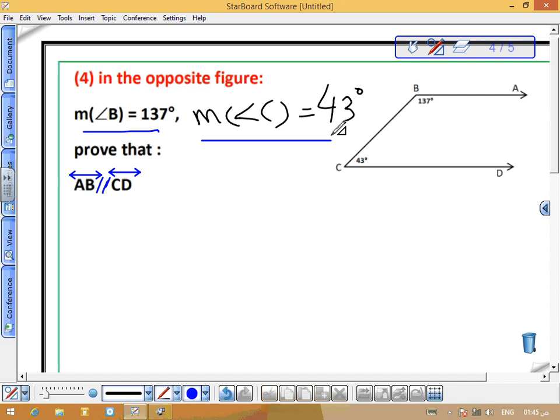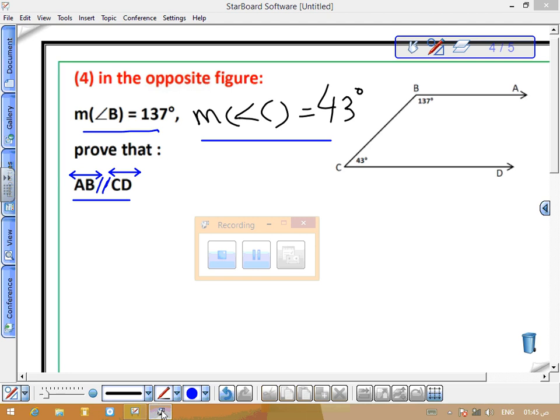The question is, prove that the straight line AB is parallel to straight line CD. Let's go.